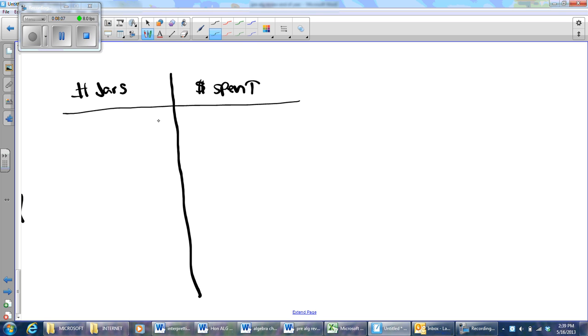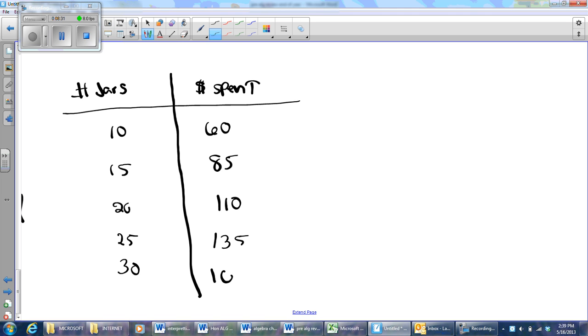Okay, and so we had 10 jars, 15 jars, 20, 25, and 30. Okay, 10 jars, we did $60, then we did $85, and then we did $110, and then $135, and $160.